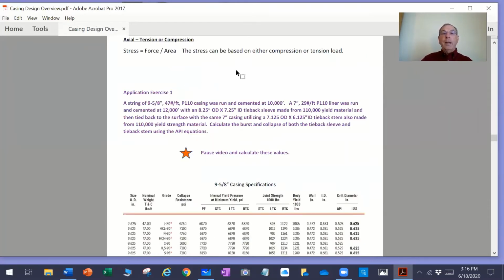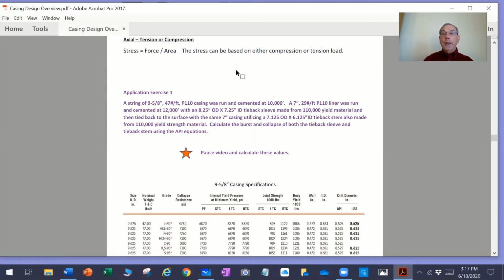Now, I have created an application here that I'm going to ask you, if you would like to, to pause and then calculate this value. Say a string of 9 5/8 inch, 47 pound per foot, P110 casing was run and cemented at 10,000 feet.